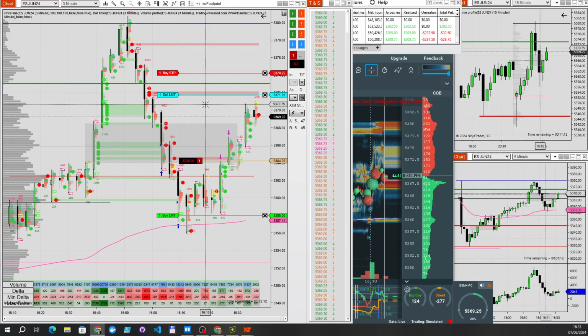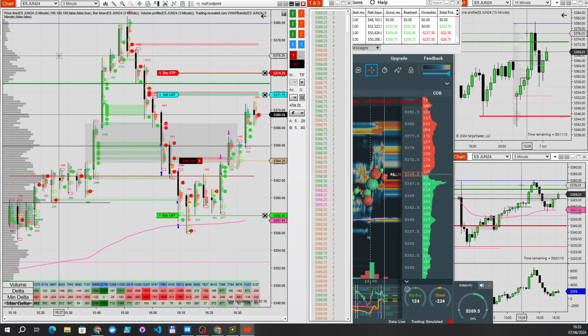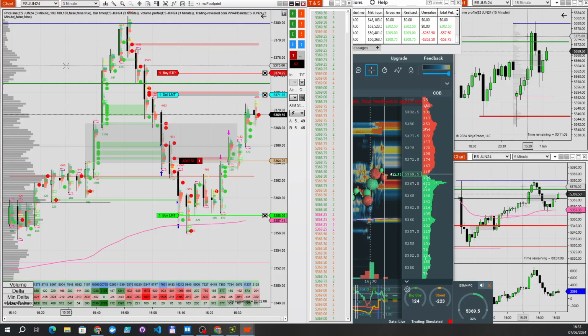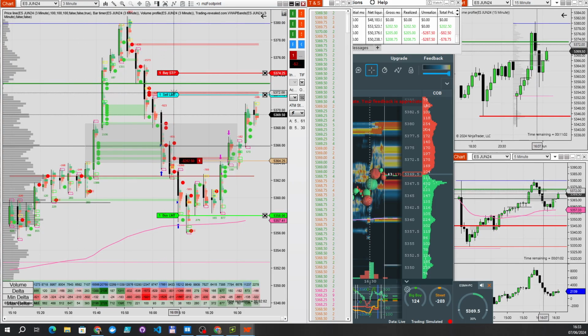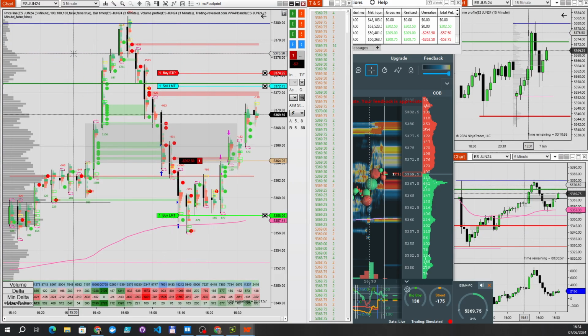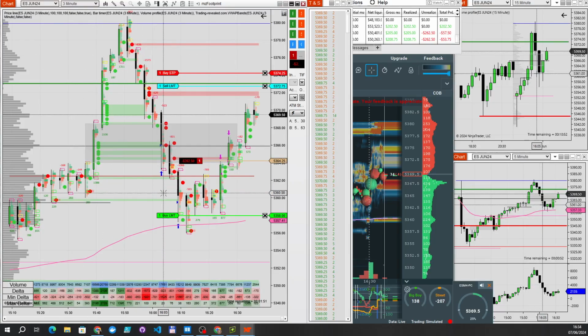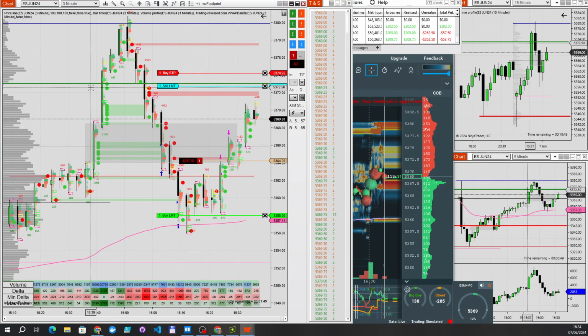Dollar is still holding high. And I was long from here. And now I'm short.